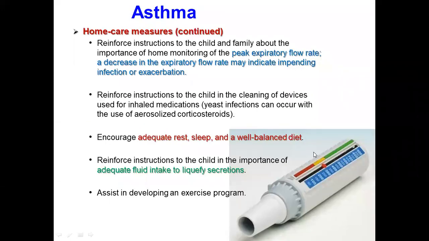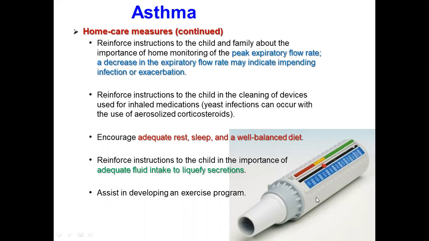So this is the peak expiratory flow meter. Reinforce the instruction to the child and family about the importance of home monitoring of the peak expiratory flow rate. A decrease in the expiratory flow rate may indicate impending infection or acute exacerbation of chronic asthma.